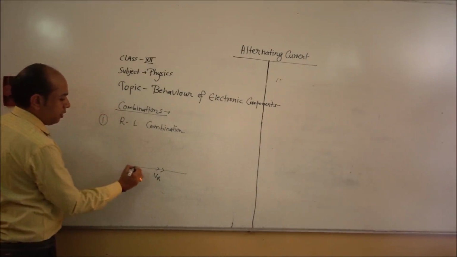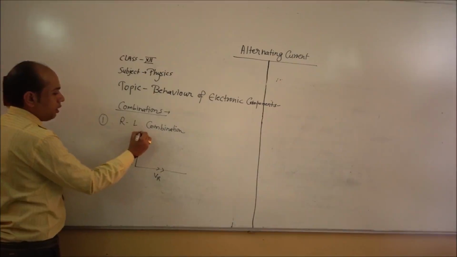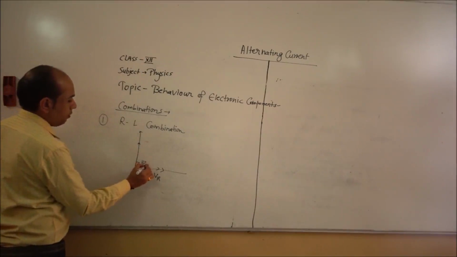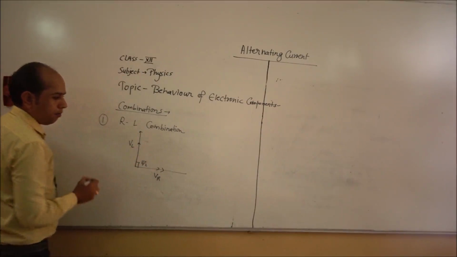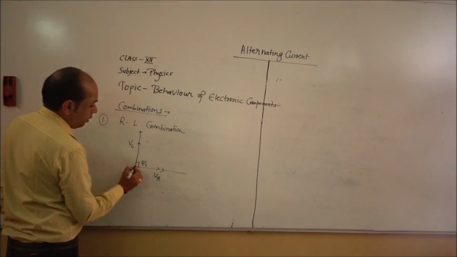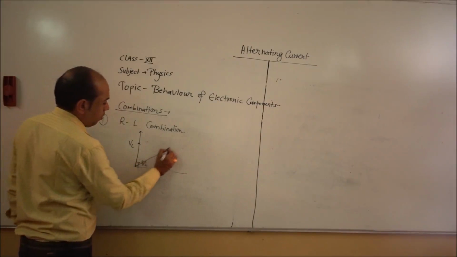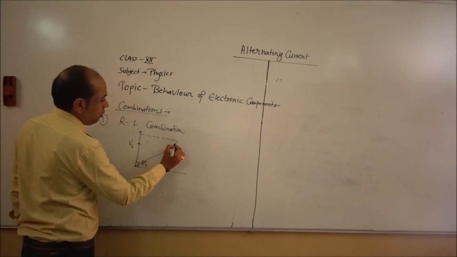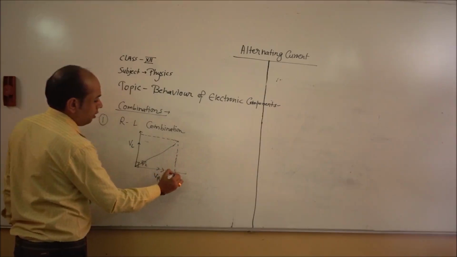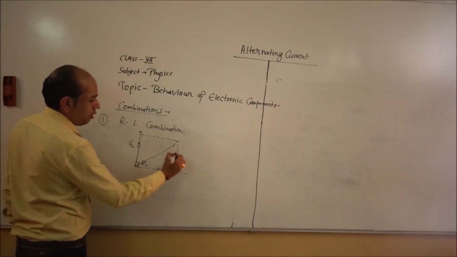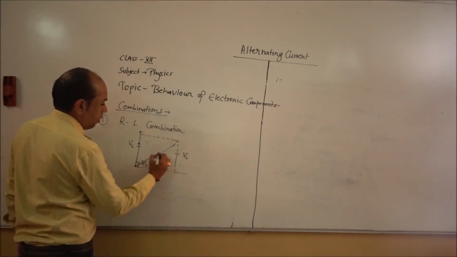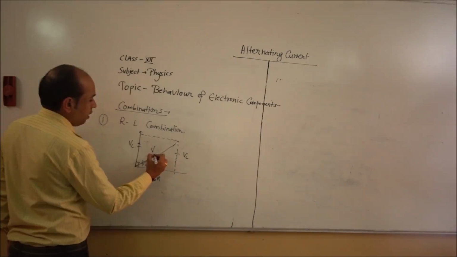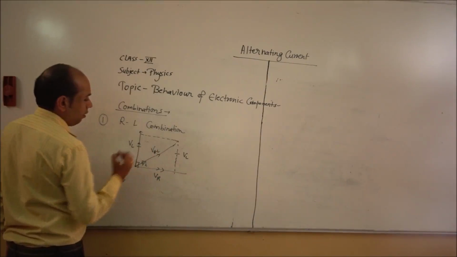Similarly, in case of inductor, voltage is ahead by pi by 2. This represents VL. In order to get the resultant, we draw one diagonal and join the x and y lines. So this also represents VL, and the resultant is given by the diagonal. So VR with L. Okay.